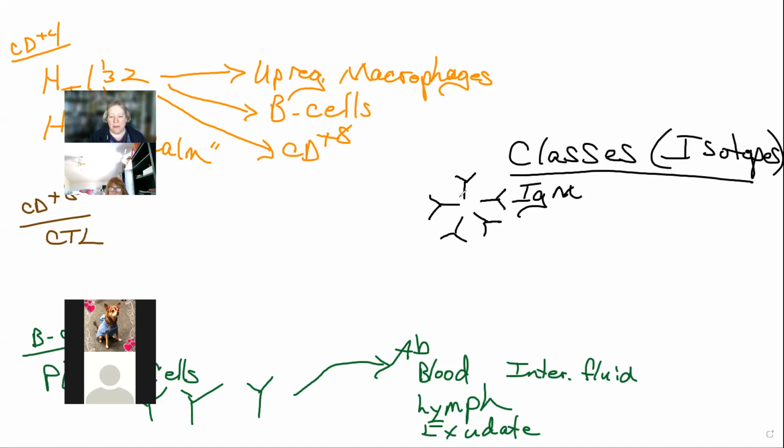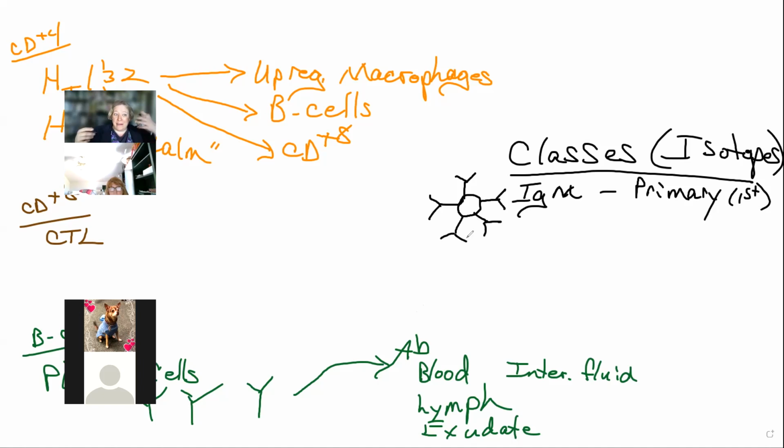Okay, it's 5 of these that are joined into this kind of snowflake appearance. And they are a part of the primary or first response. So the first time you've been exposed to an antigen, your plasma cells are going to make IgM.